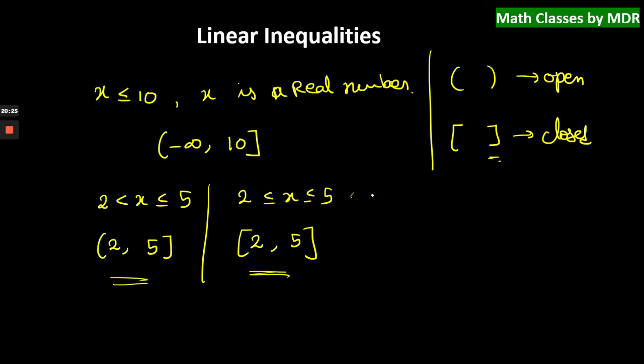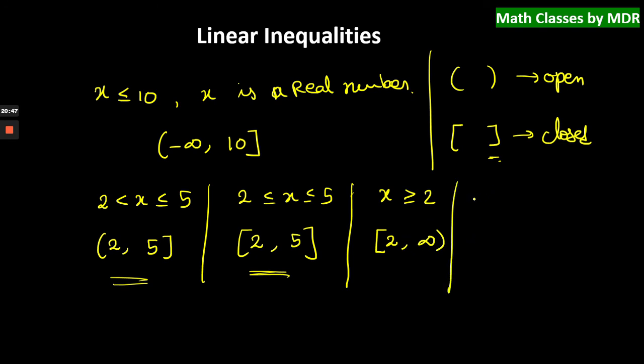Okay. So similarly, whenever you have something like x greater than or equal to 2, it means all the values above 2, including 2. Including 2 we represent like this, and infinity with an open bracket.